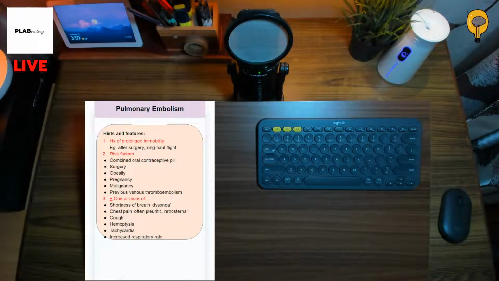The risk factors in pulmonary embolism are surgery, second, pregnancy, including the postnatal period, third, lower limb injury, then malignancy, reduced mobility, and previous venous thromboembolism.